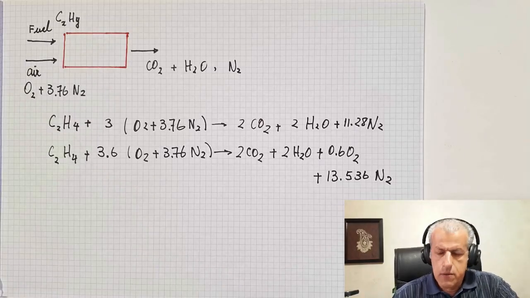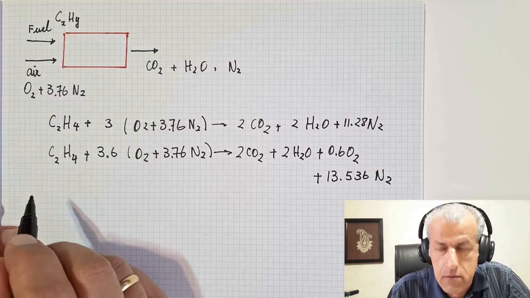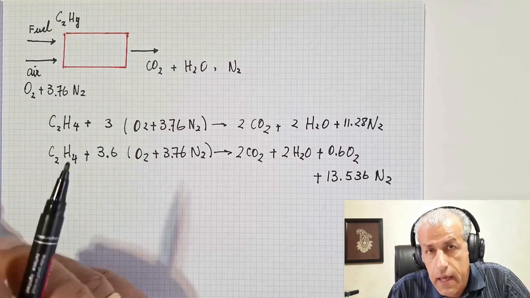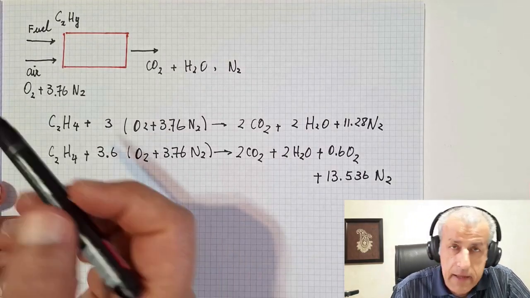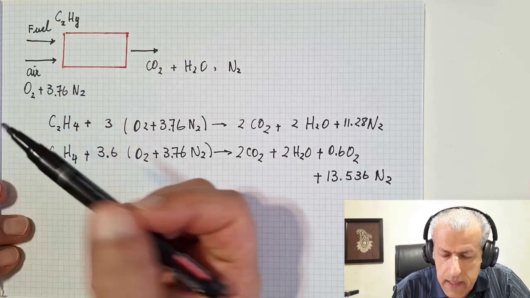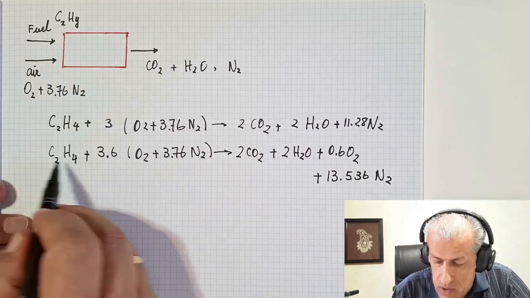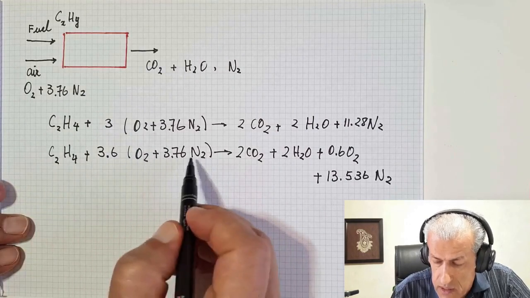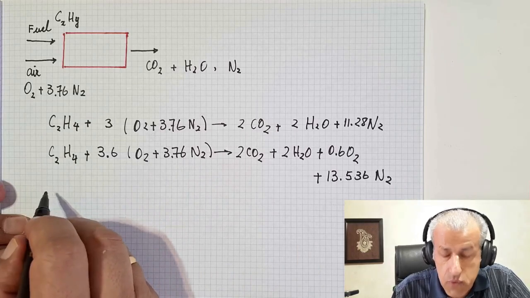Now, the question we want to answer is how to calculate the enthalpy of reactants. Reactants are fuel and air. So, the enthalpy of reactants, which is fuel, oxygen, nitrogen, is composed of two parts.